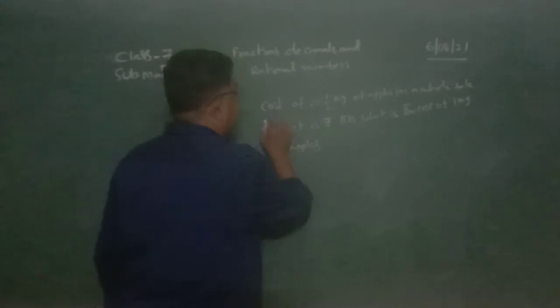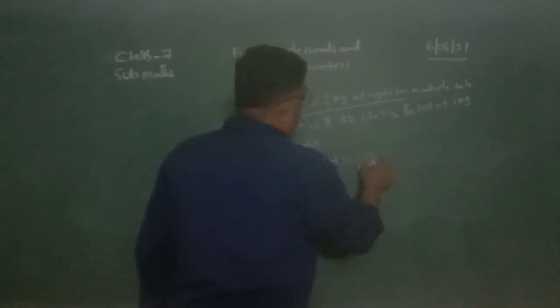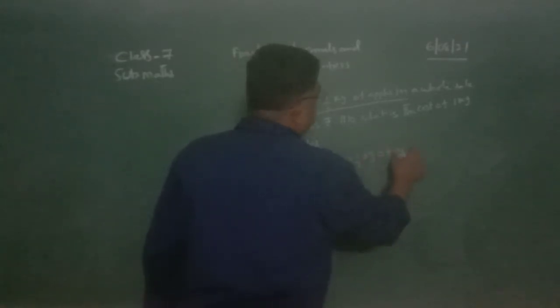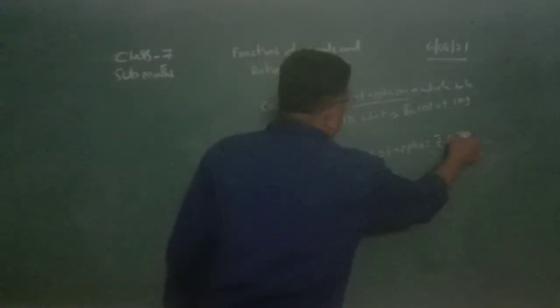Solution. First step, you can write this: cost of 22.5 kgs of apples is equal to rupees 1170.